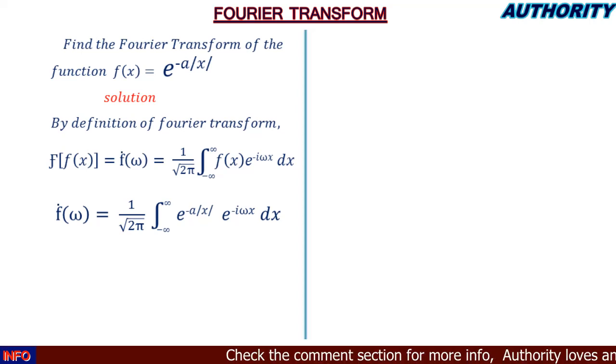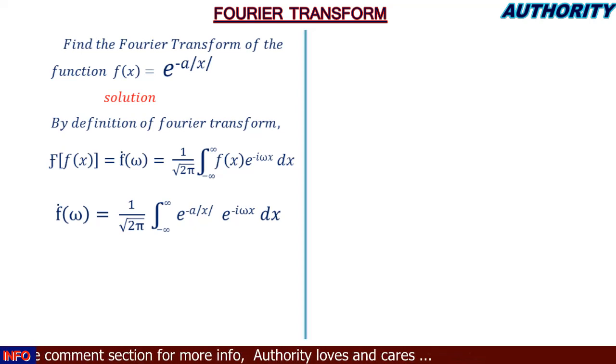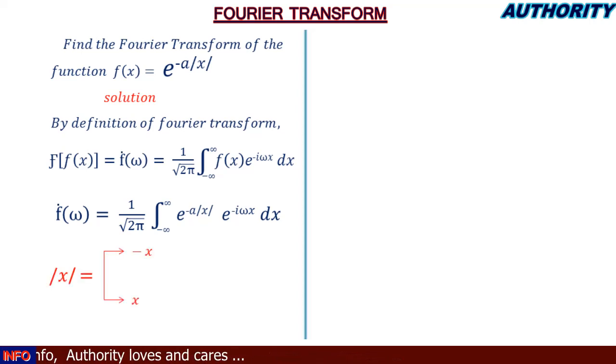In the first instance, what I want you to pay attention to is this absolute value of x. What is this talking about? The absolute value of x is telling us that x can assume two values. It could be negative and it could be positive. For instance, the absolute value of minus 5 is equal to what? 5.